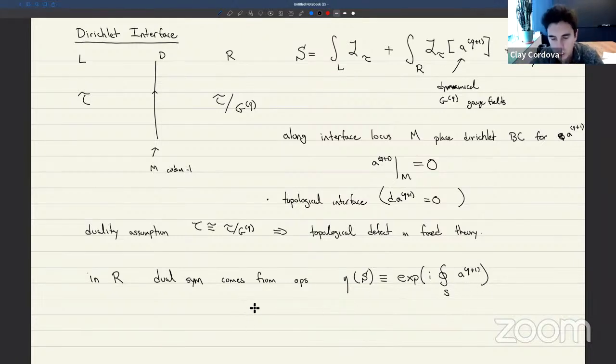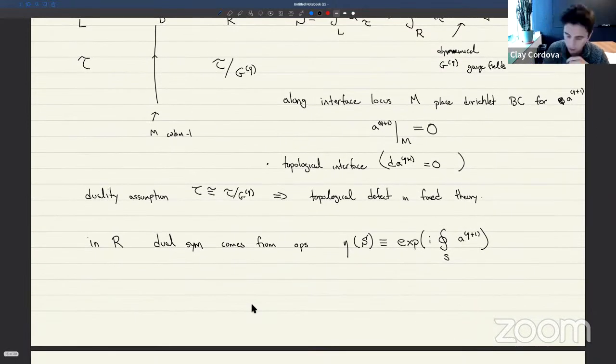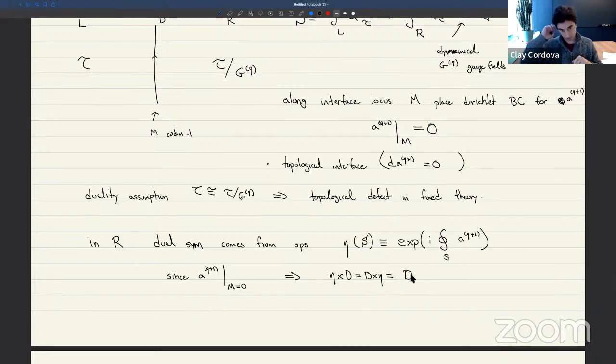And the Dirichlet condition tells us that since A_{Q+1} along this defect is 0, we have this absorption rule, which is that eta times D is D times eta is equal to D. So that's one part of the fusion algebra.